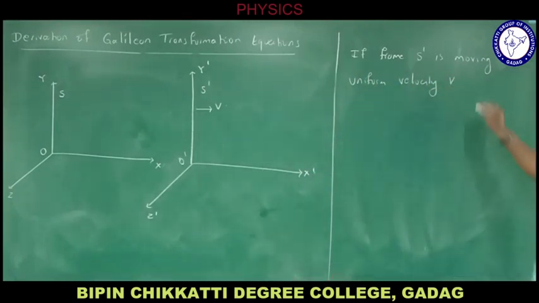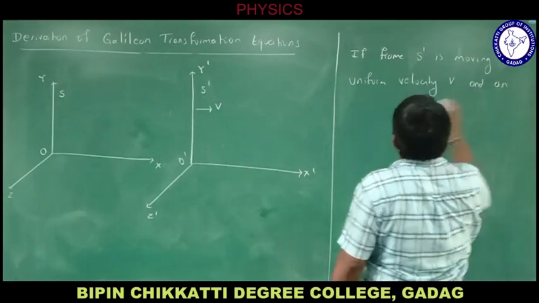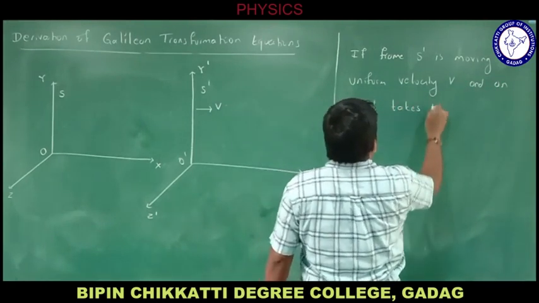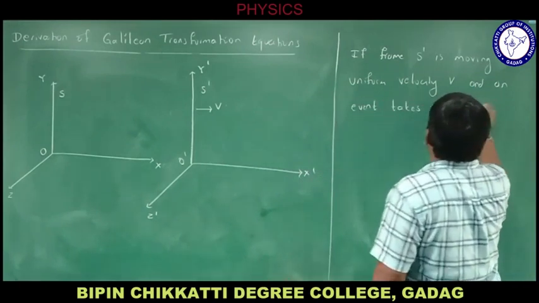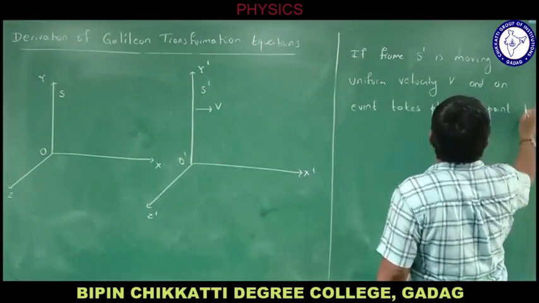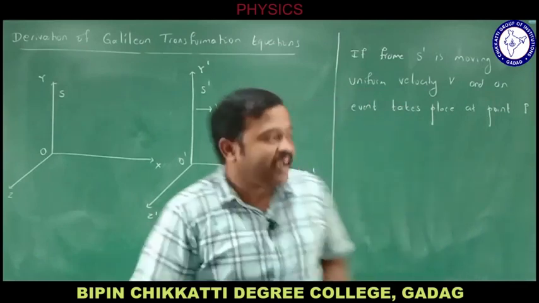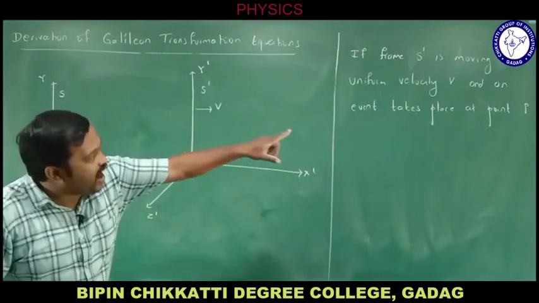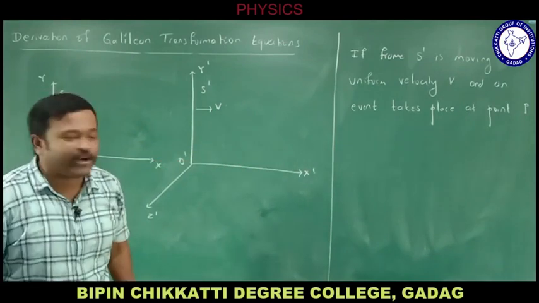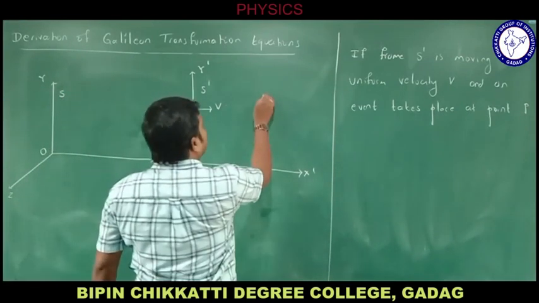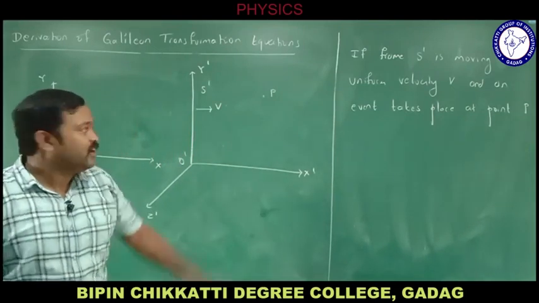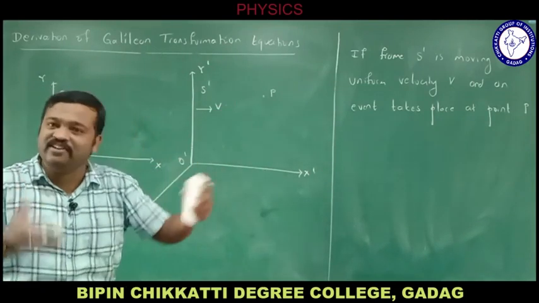V. And an event takes place at point P. Okay, see here. If frame S dash is moving with uniform velocity V and an event takes place at point P, let me consider this is a point P and an event takes place, right? Consider the point P, that itself is an event now, right?